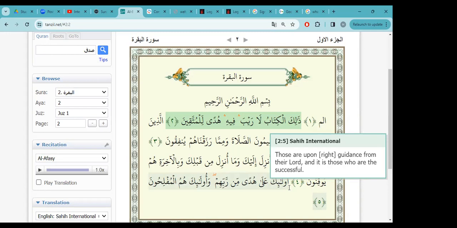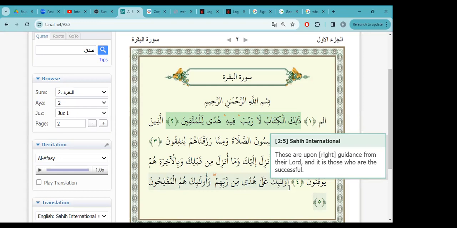Huda has tanween, so it's a noun. Huda lil has the lil, so lil is the jar and the word is a noun.